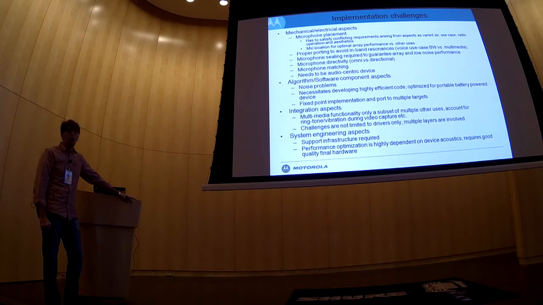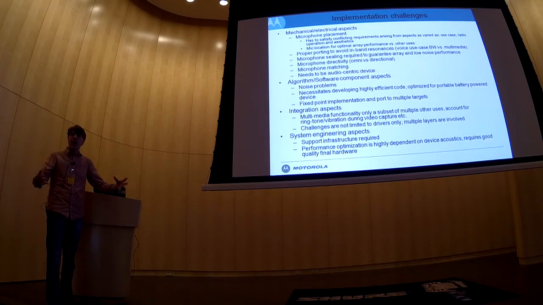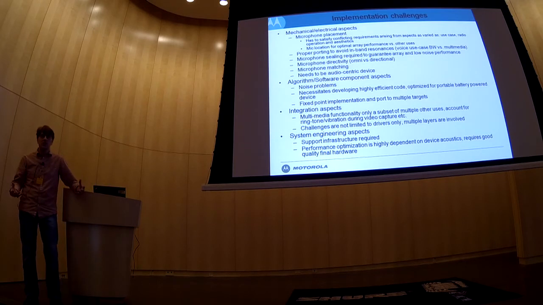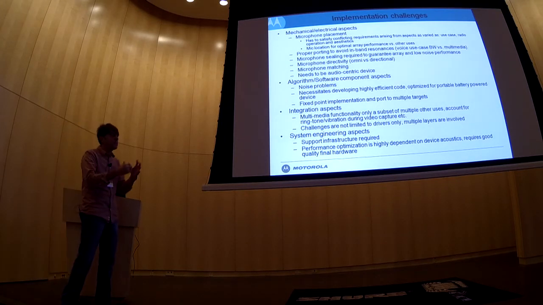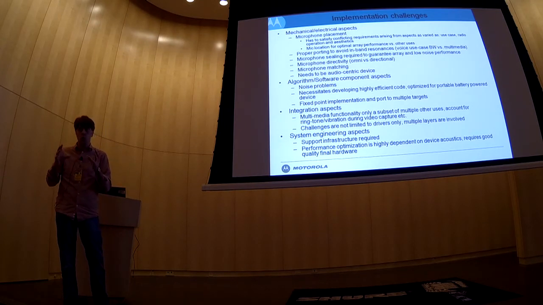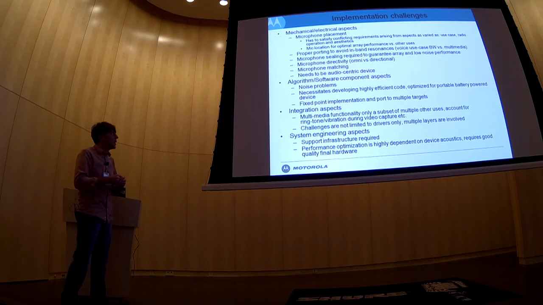Now, other problems that we face are the algorithm and software component aspects. When we combine outputs of multiple sensors, whether those are microphones or antennas or whatever it is, we only end up having more noise. The more inputs we have, the more noise we have to deal with. We have to be very careful with what we do with that noise, how we write the processing code so as to not amplify that noise.